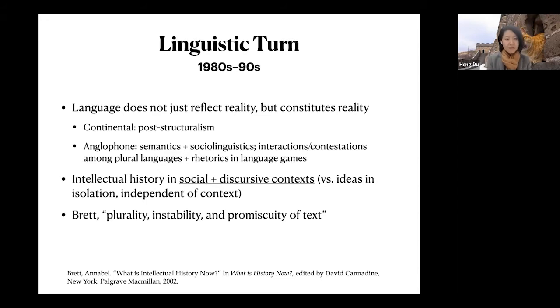So I really particularly liked Annabelle Brett's account of this historical movement, and especially the way she emphasizes that historians from this period start to reckon with and emphasize the plurality, instability, and promiscuity of text, which I think you will see more concretely in my case study.